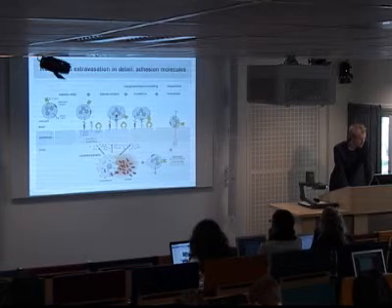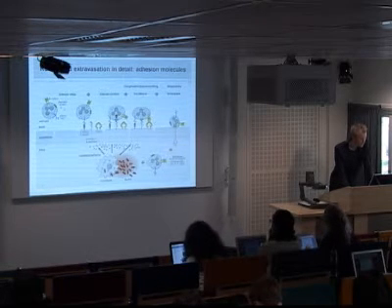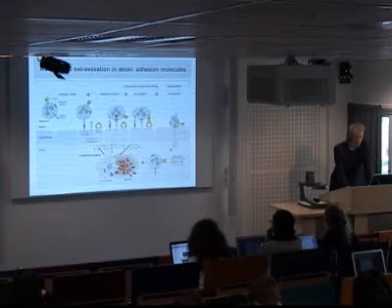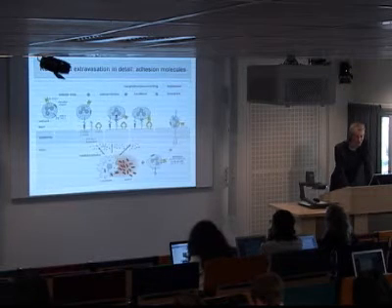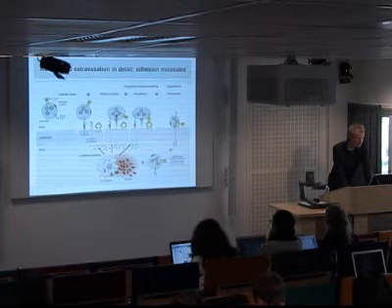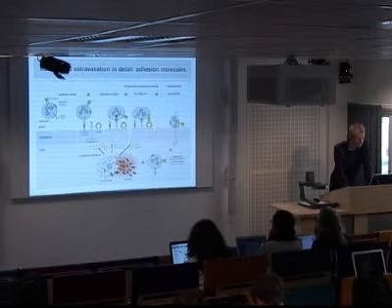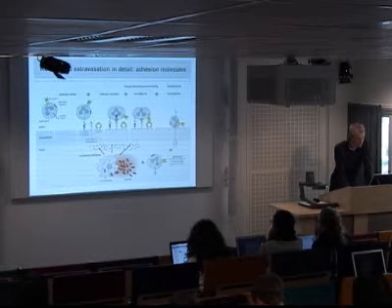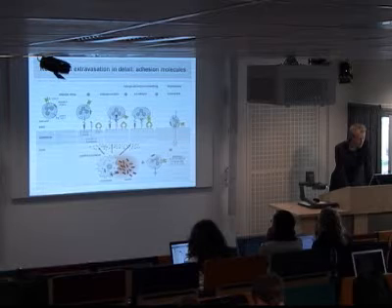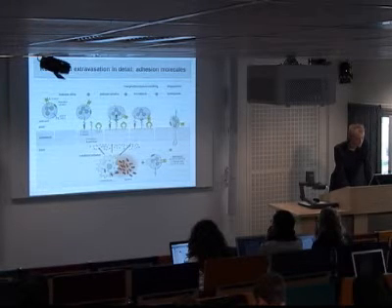A leukocyte, in this case a neutrophil, has different kinds of receptors on its cell membrane. First there's an interaction between selectin ligands and selectin receptors on the endothelium. The leukocyte, the neutrophil, gets activated.